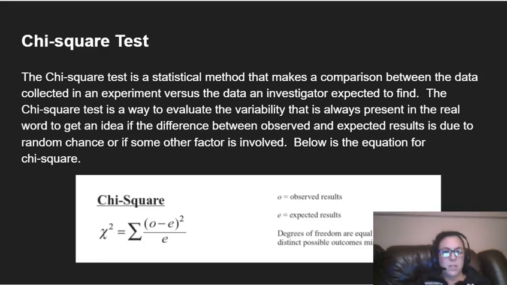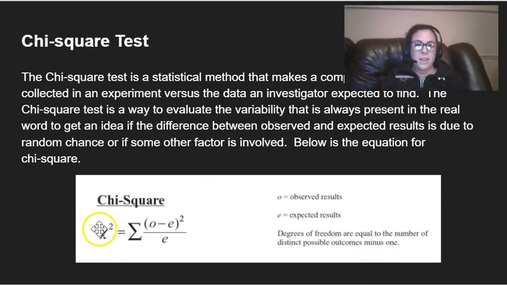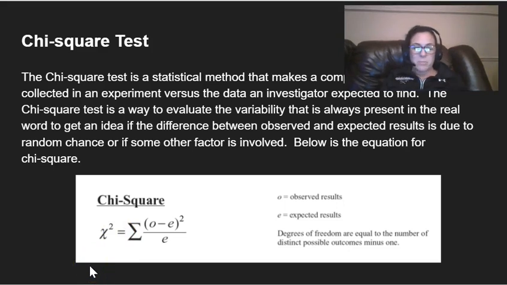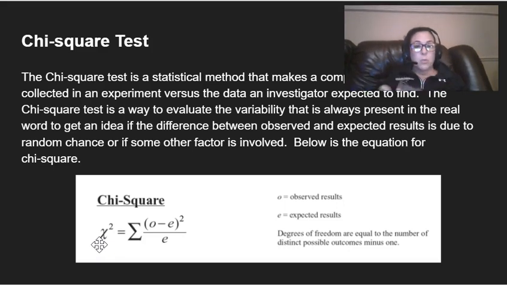So let's take a closer look at this equation and break this down. This x with the superscript of the 2 is not x squared. I know it's weird. That is our chi-square test. This is the value that we're actually going to be calculating. How will we calculate that? We're going to have observed results, and those are the results that we actually collect in our lab.